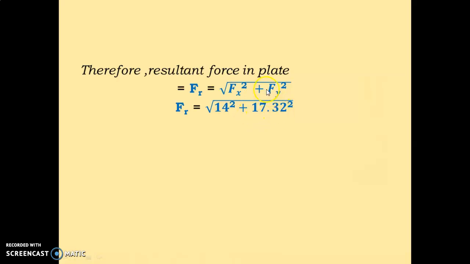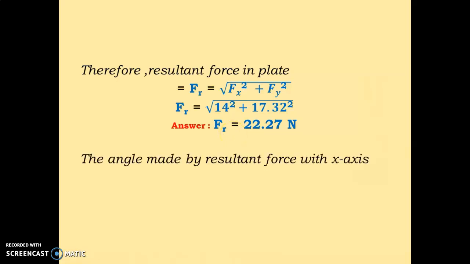But we don't take force as minus, because the force is acting either downward or upward. The negative sign indicates that the force is acting in the downward direction. So Fy is 17.32. We take the squares and the square root. So the answer is Fr, the resultant force by the jet on the plate, is 22.27 Newton.